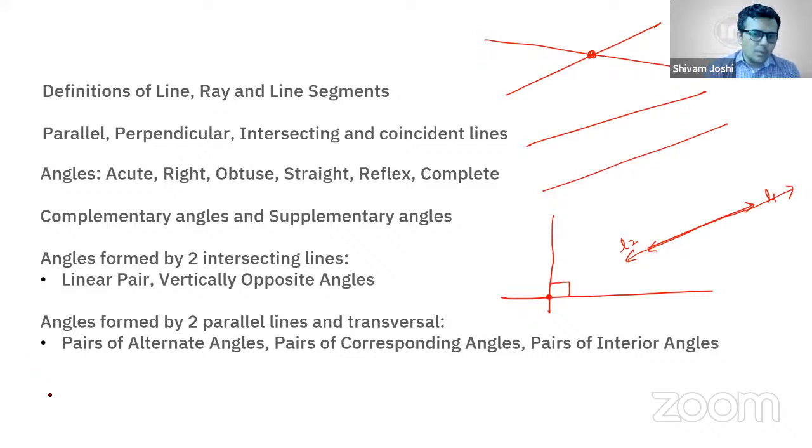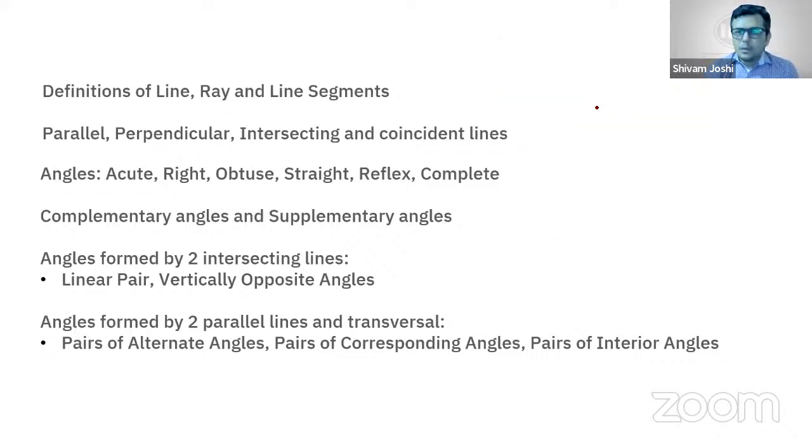What about angles? An angle is something created by two rays starting from the same origin. So you have two rays, OA and OB, starting from the same origin, and this is where they create an angle between them. Angles are of different types: acute, right, obtuse, straight, reflex, and complete. An angle less than 90 degrees is acute.